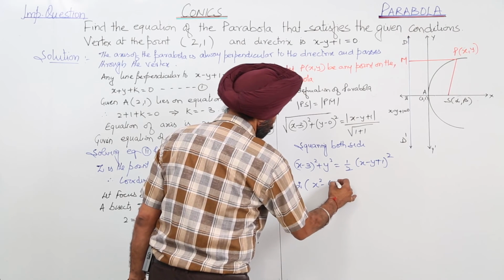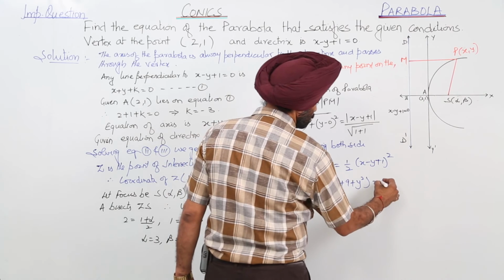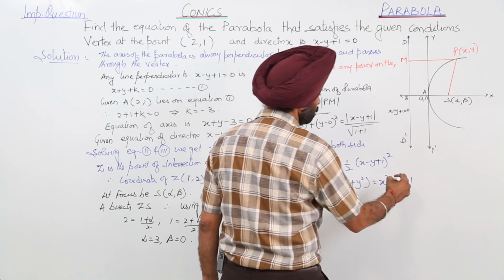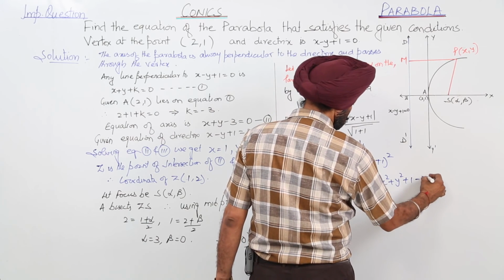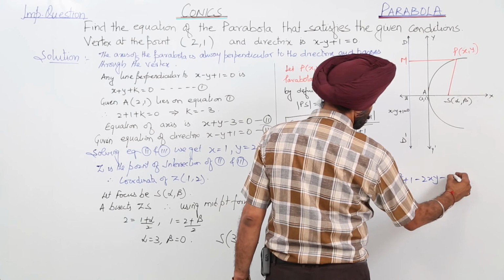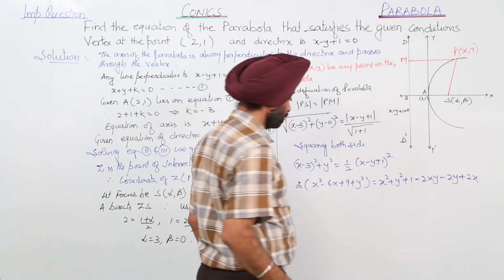Now this becomes twice of x square minus 6x plus 9 plus y square is equal to x square plus y square plus 1 minus 2xy minus 2y plus 2x.